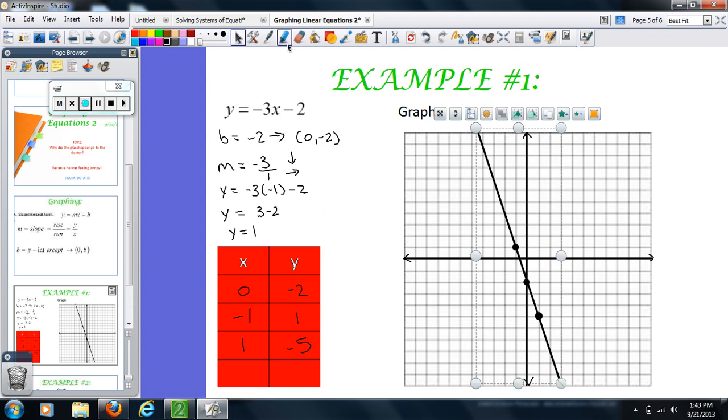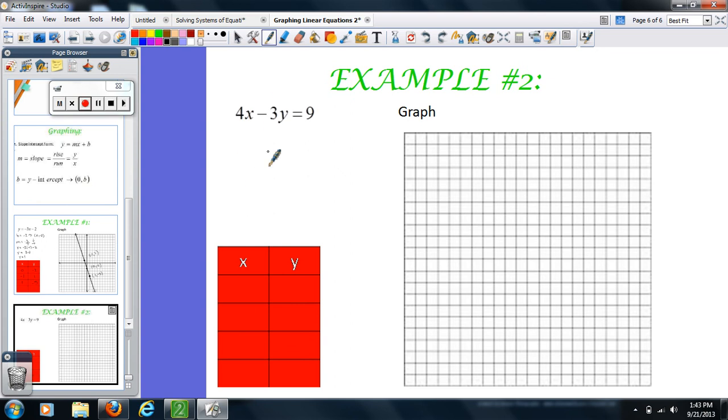Once you get the graph done, the only thing left to do is to label your points, which this one is going to be 0, negative 2, this one will be 1, negative 5, and this one here will be negative 1, 1. Okay, and that's the graph of my line.